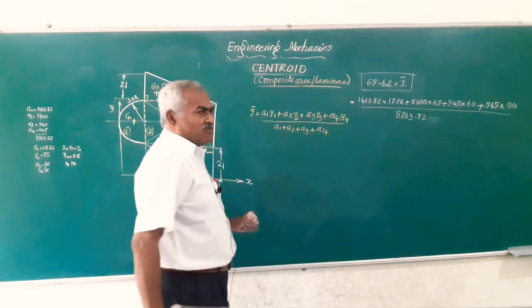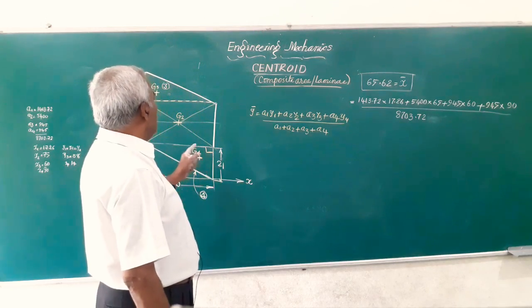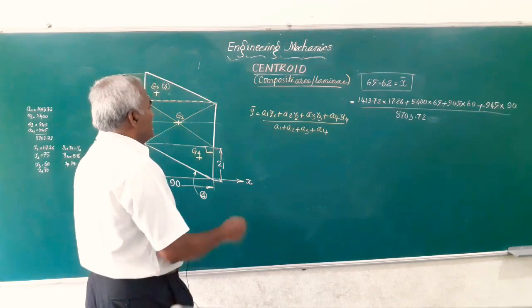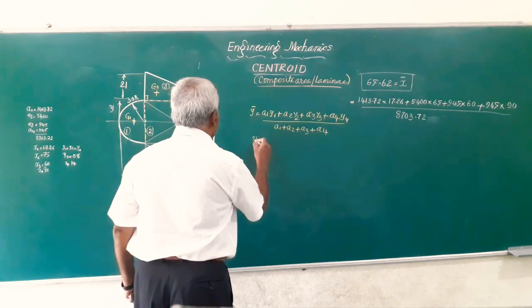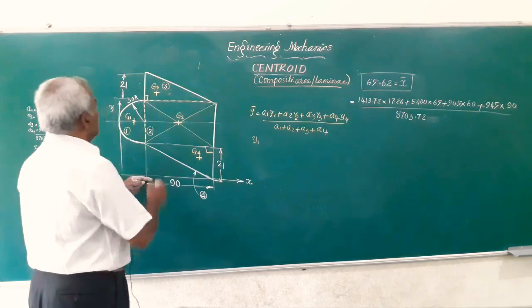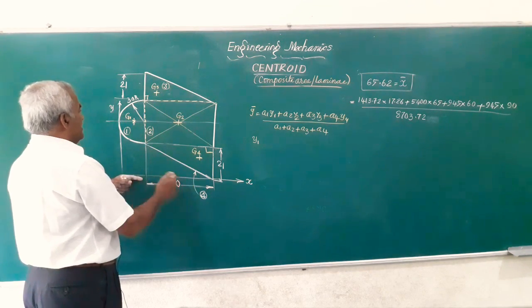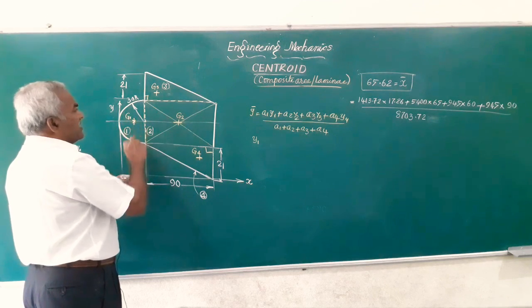We know the areas already, and we only need to calculate y1, y2, y3 and y4. What is y1 here? y1 is the distance of g1 from the x-axis. That is, this vertical height is y1.